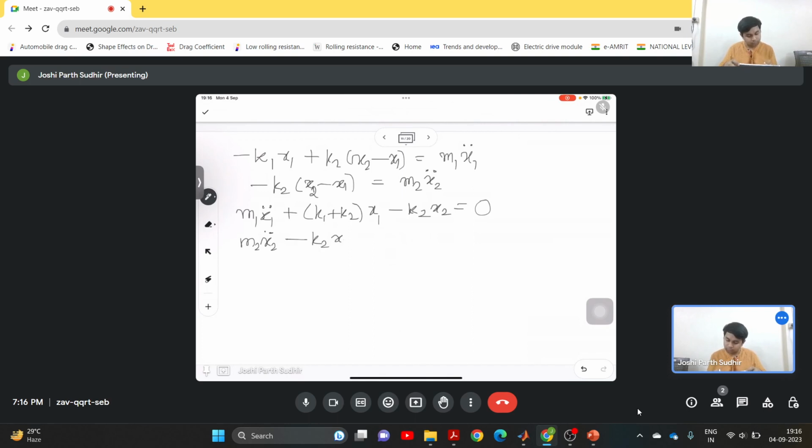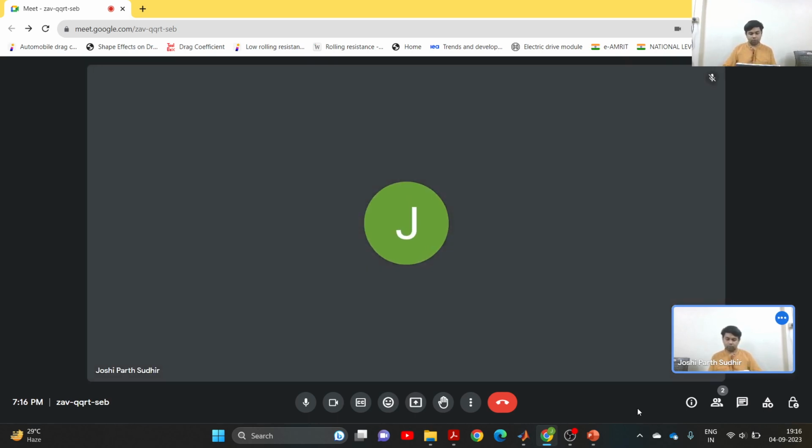Minus K2 x1 plus K2 x2. Some problem with my screen sharing.